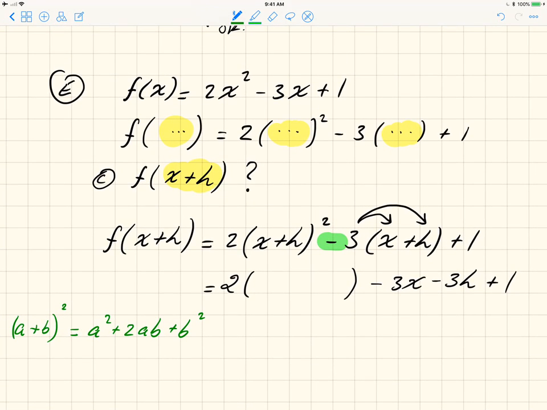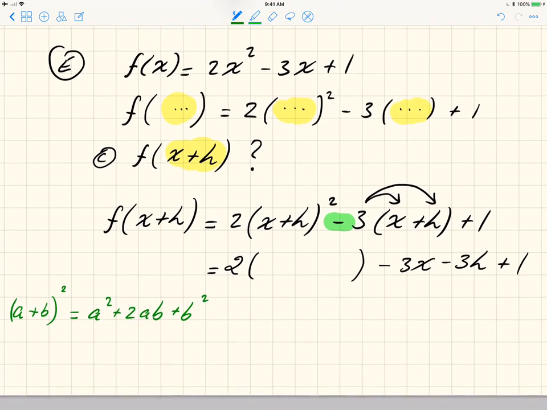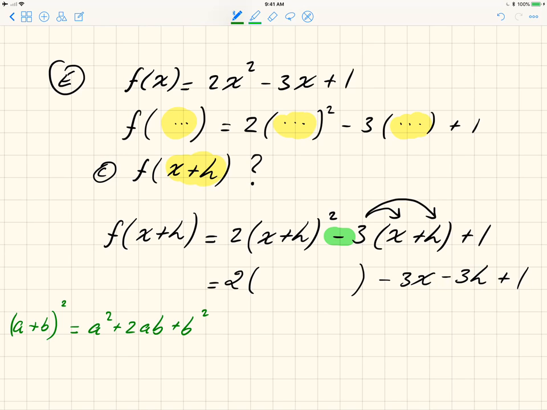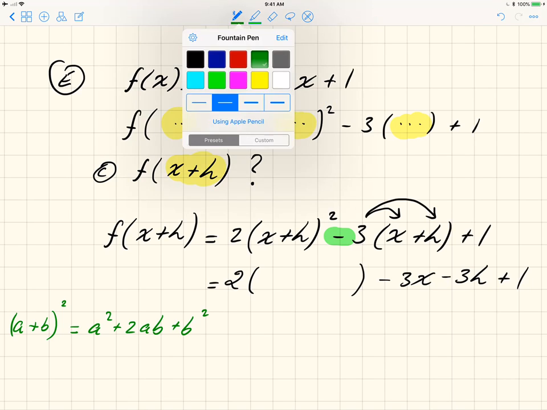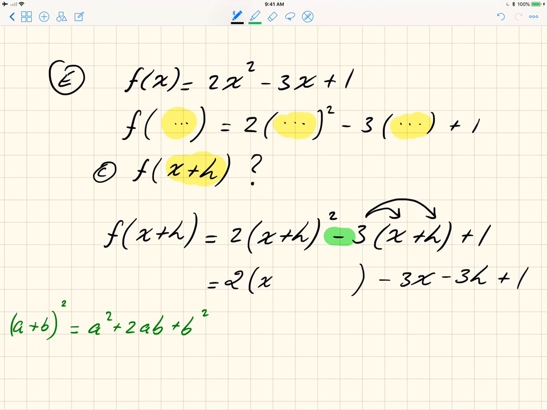Does it look familiar? Okay, so instead of a, I have x. So that's x squared. Plus 2ab would be 2xh, or hx, plus b squared would be h squared.